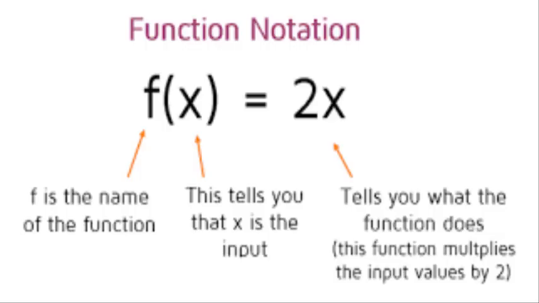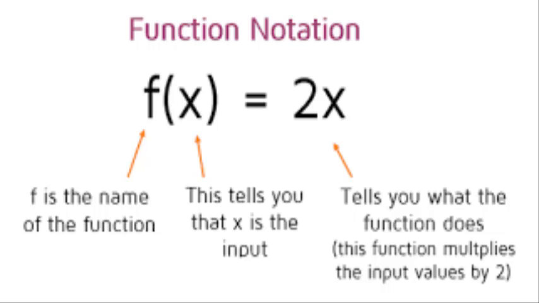Notation of functions. Functions are typically denoted using function notation, which consists of the function name followed by parentheses containing the input variables. For example, if f is a function, f(x) represents the output value of the function when the input is x.